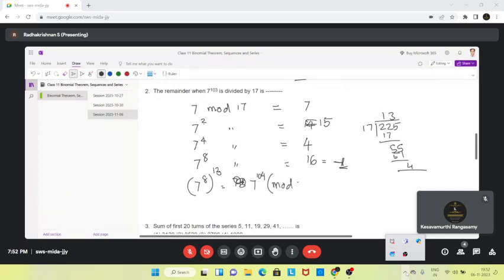Right? So since we are taking 13th exponent of 7 power 8, it will still be -1, because -1 to the power of 13. So 7 to the power of 104 is going to give a mod of -1.